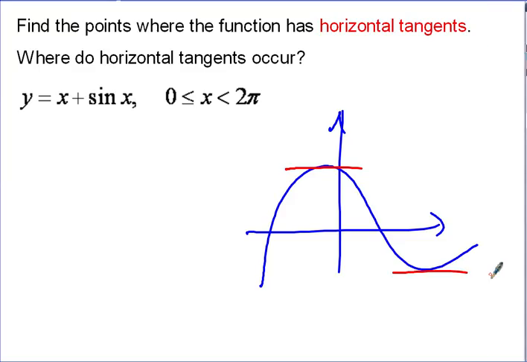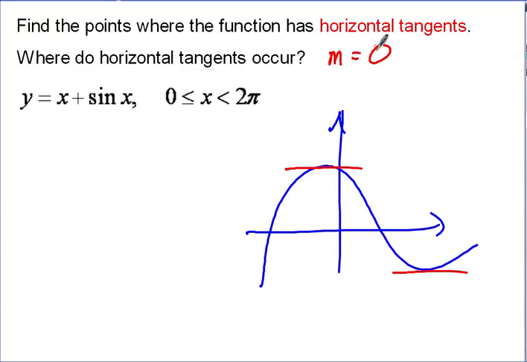In other words, places where the curve has a horizontal slope. Well, what's horizontal slope equal to? 0, right? So horizontal tangents occur where m equals 0, but what's our calculus way of saying m?